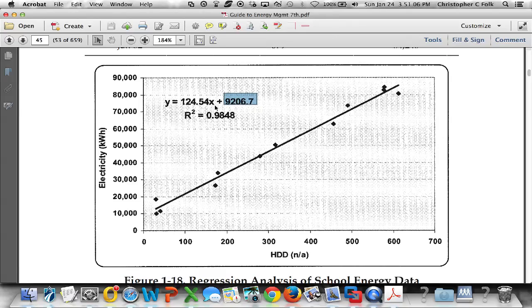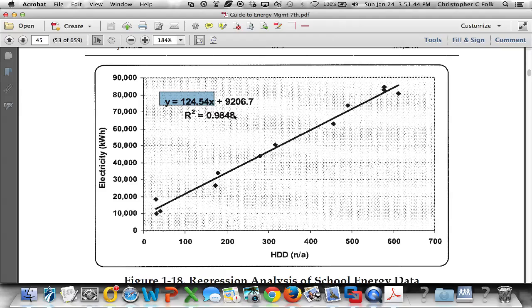This first number we talked about was this 124.54. That number is a multiplier for every heating degree day above the intercept. So if we knew how many heating degree days there were for a particular month or for a particular year, we could multiply that times the 124.54 kilowatt hours, add that to the no load intercept value of 9,206, and that would tell you how much energy we should use.